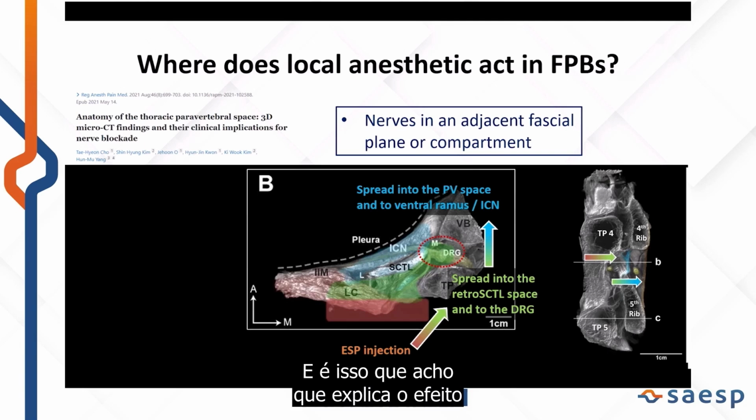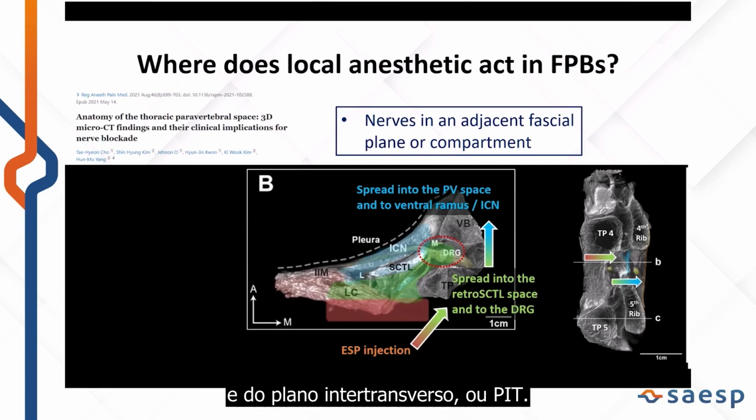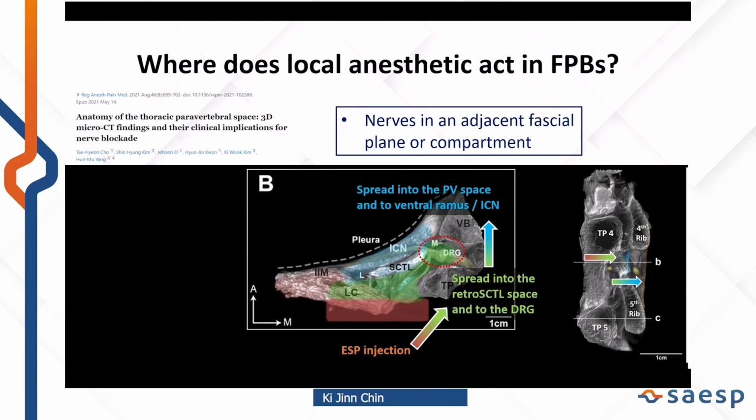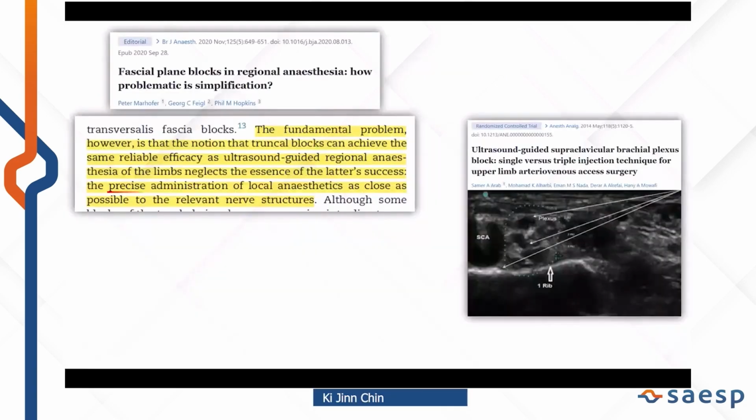And this is what I think accounts for the effect of the paraspinal blocks, such as the ESP and intertransverse plane or ITP blocks. They exert an effect on the spinal nerves in the foraminal and paravertebral spaces, even though this is not where the actual site of injection is first occurring.